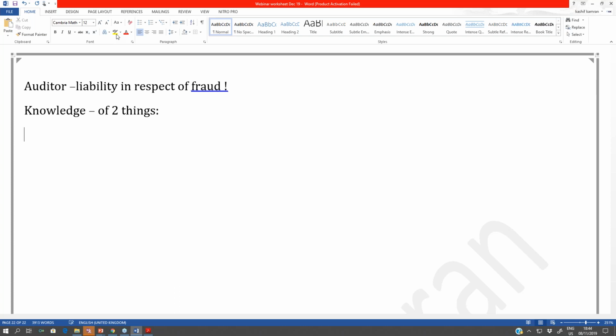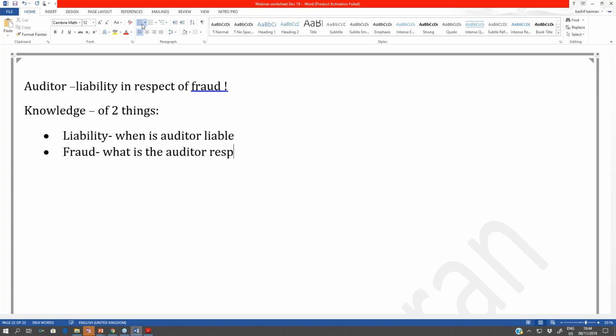You should have knowledge of 2 things. The first is the knowledge about liability. When is the auditor liable? And the second thing is fraud. What is the auditor responsibility for fraud? Then only you can write a 12 marks answer. Is everyone clear with this structure?